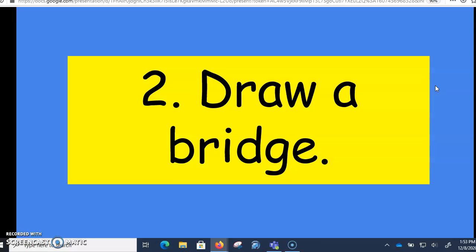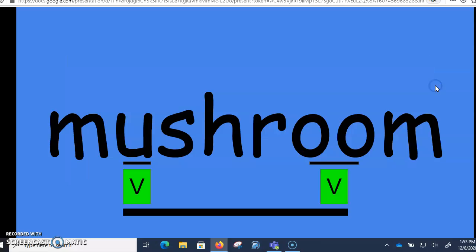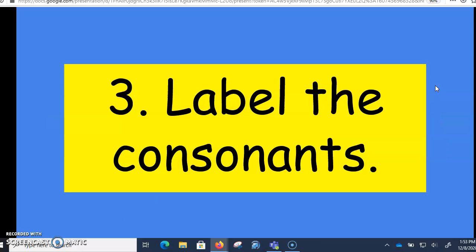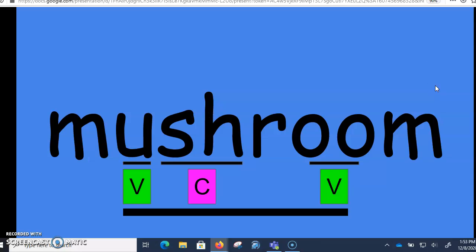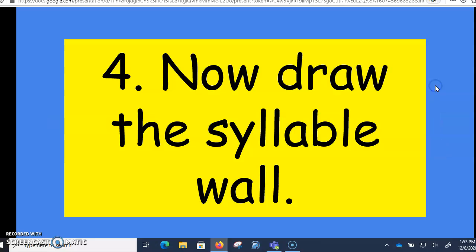We're going to draw our bridge. Label our consonants. Draw our wall.